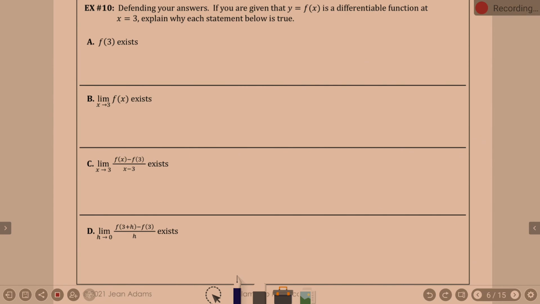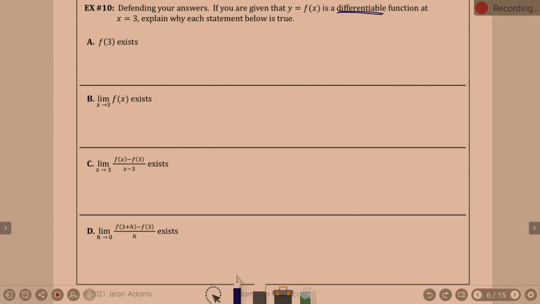Okay, the bottom. Defending your answers. If you are given that y equals f of x is a differentiable function at x equals 3, explain why each statement below is true. Okay, so what is given? It is differentiable, which means it's also continuous. So differentiability implies continuity. Keep that in mind. How do we know that f of 3 exists?